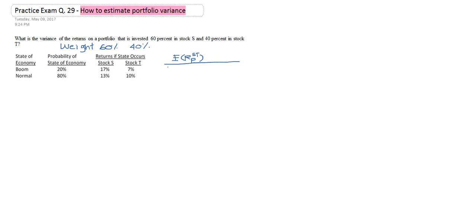It's 0.6, the weight for S, times 0.17, the return for stock S, plus 0.4, the weight for stock T, multiplied by 0.07, the return for stock T, and this equals 0.13.